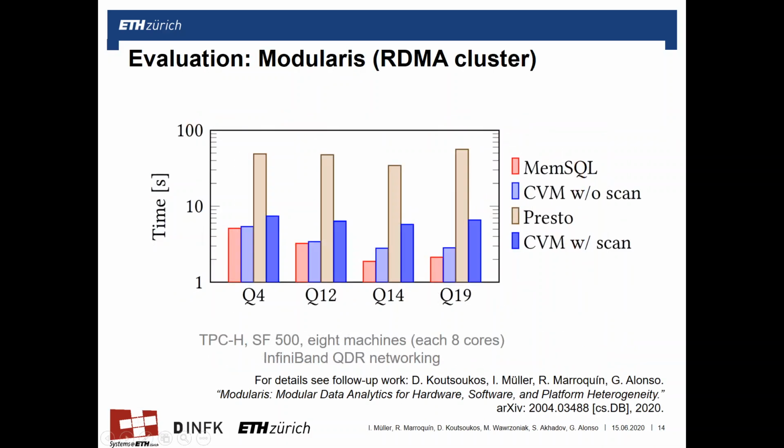For the RDMA backend, Modularis, we compared with two systems, memSQL that keeps the data in memory and Presto that reads it from distributed storage. In the latter case, we are able to outperform the existing system Presto by about an order of magnitude, whereas with memSQL, we are at least in a similar ballpark or not too much worse.